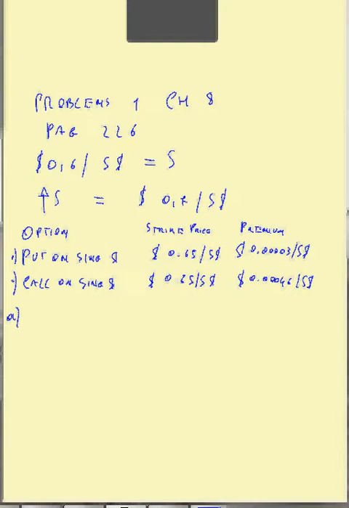Buying a put is, in some sense, equivalent to paying a price, which is the premium, to sell a currency at a fixed exchange rate at the expiration date or before. Buying a call is to pay a price in order to buy a currency before or at the expiration date at a fixed exchange rate.